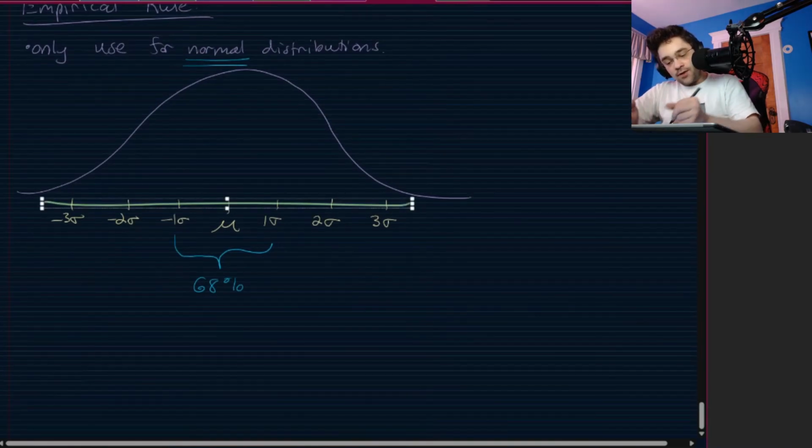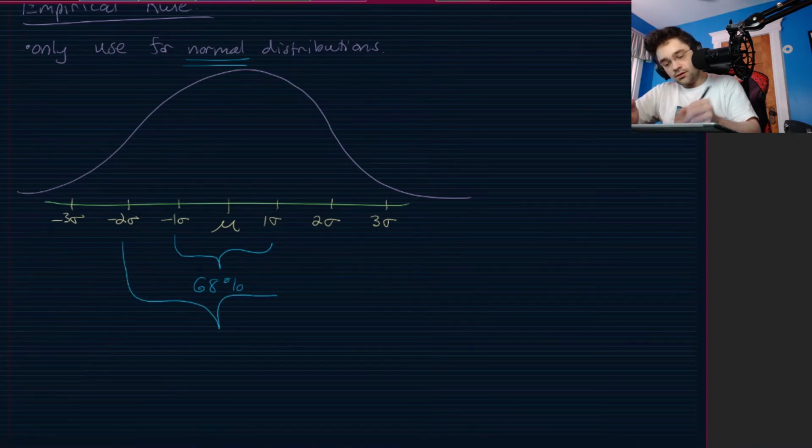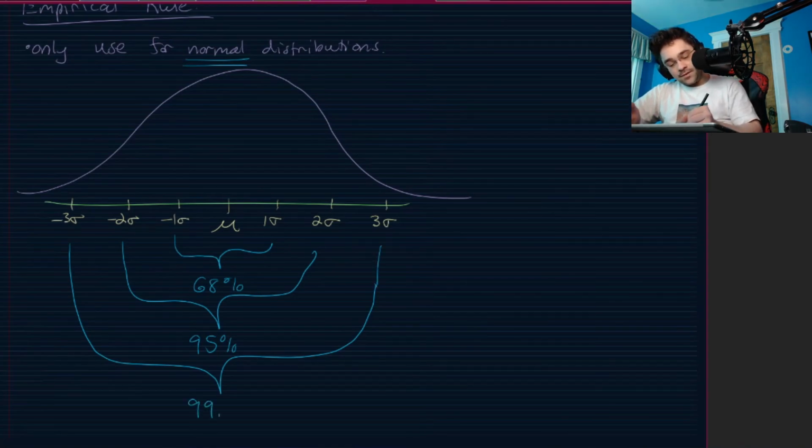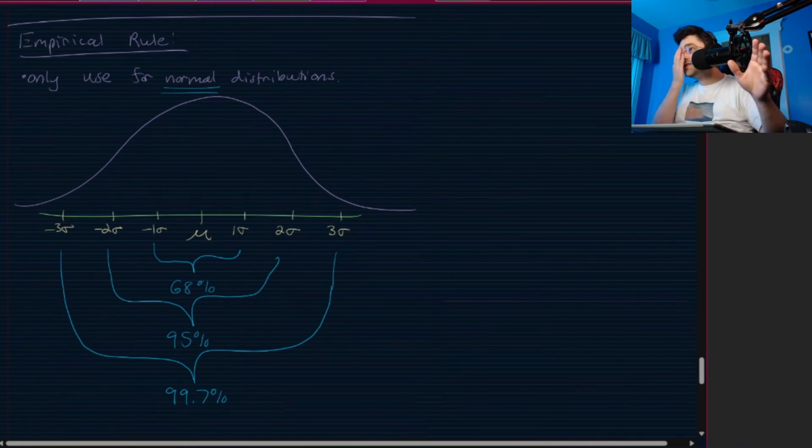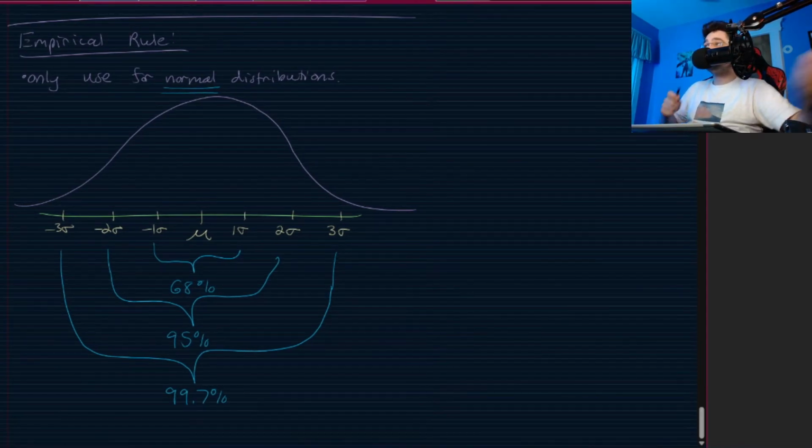Similarly, within 2 standard deviations, that's 95%. And finally, 3 standard deviations gives us 99.7% of the data, which is almost all of it, right? So only 0.3% of the data lie outside of 3 standard deviations away from the mean if it's a normal distribution.